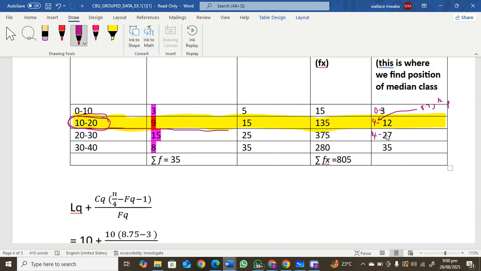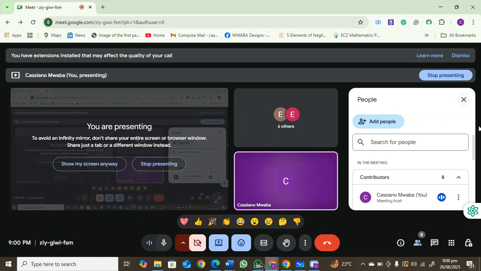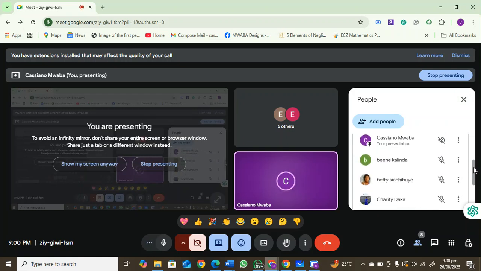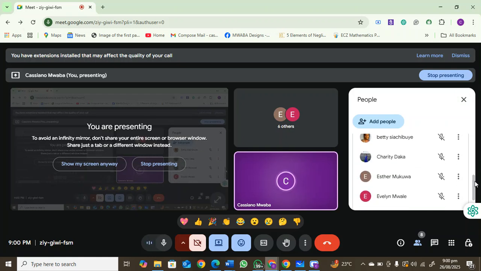So that when you're locating the position, you choose the correct class. Any other questions? Remember, even if we take 100 hours, so long as you have got the concept. Okay. So we now move to our upper quartile.